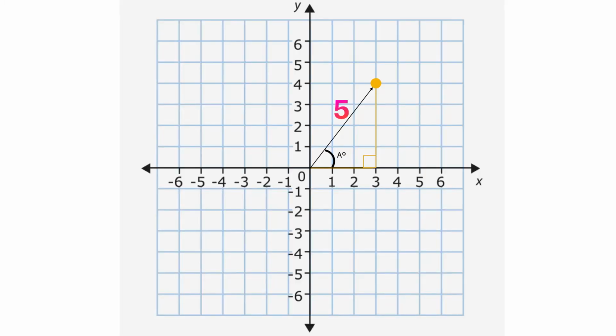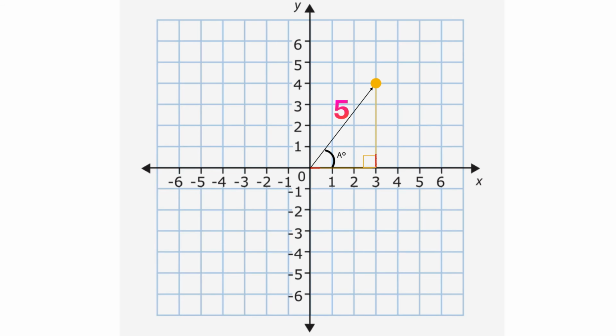We know these two sides, and these two sides are the opposite and the adjacent. So which trigonometric function uses opposite and adjacent? Pause now if you want to figure it out on your own. Okay, if you want me to tell you the answer, it's tangent. Tangent deals with the opposite and the adjacent.